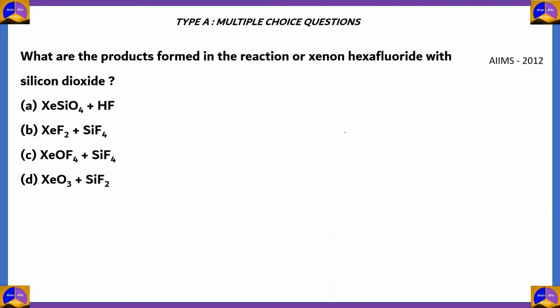Let's look at our next question. What are the products formed in the reaction of xenon hexafluoride with silicon dioxide? Basically, XeF6 plus SiO2.